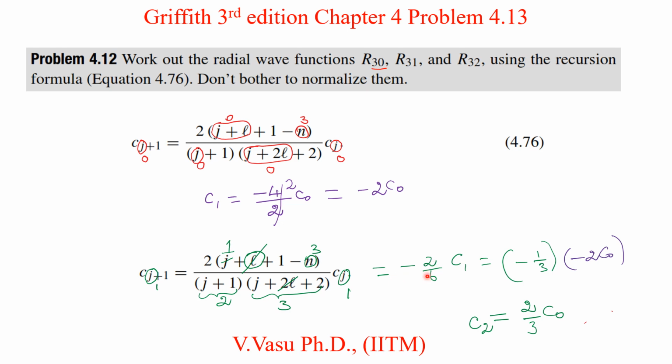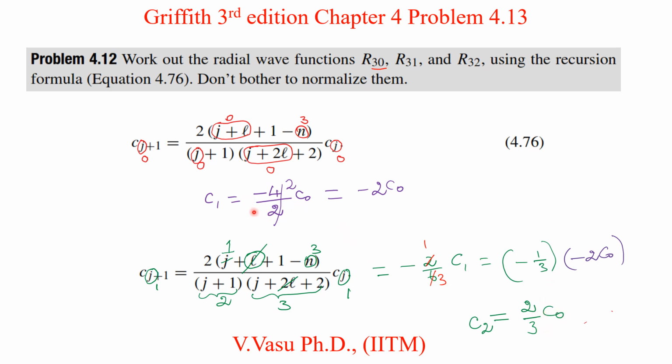So minus 2 by 6 into c1, which after cancelling gives minus 1 by 3 times c1. Since c1 is minus 2 c naught, minus of minus becomes plus, so we get 2 over 3 c naught.